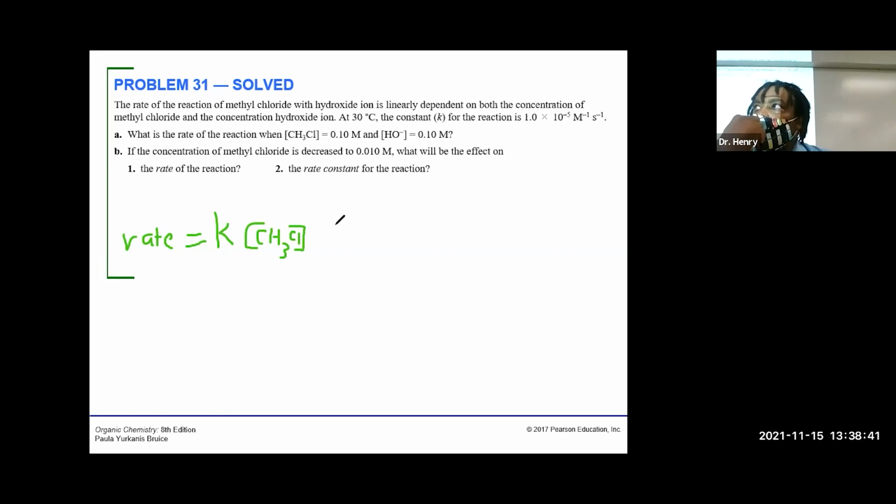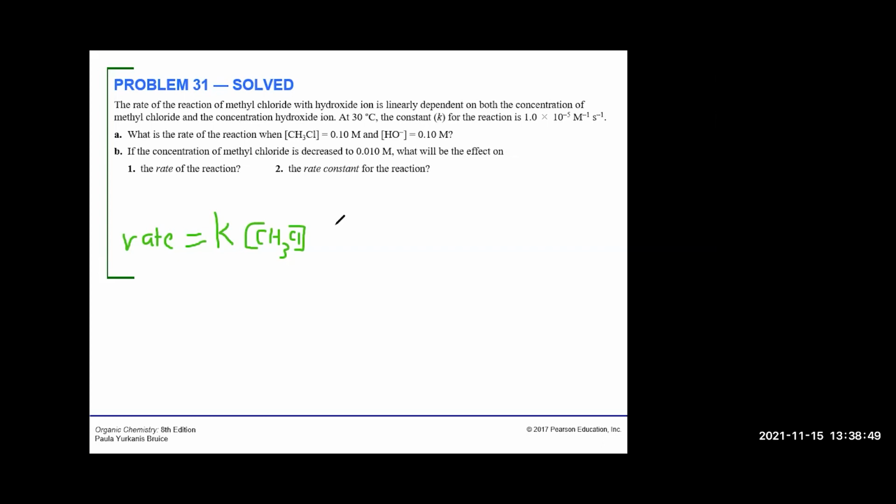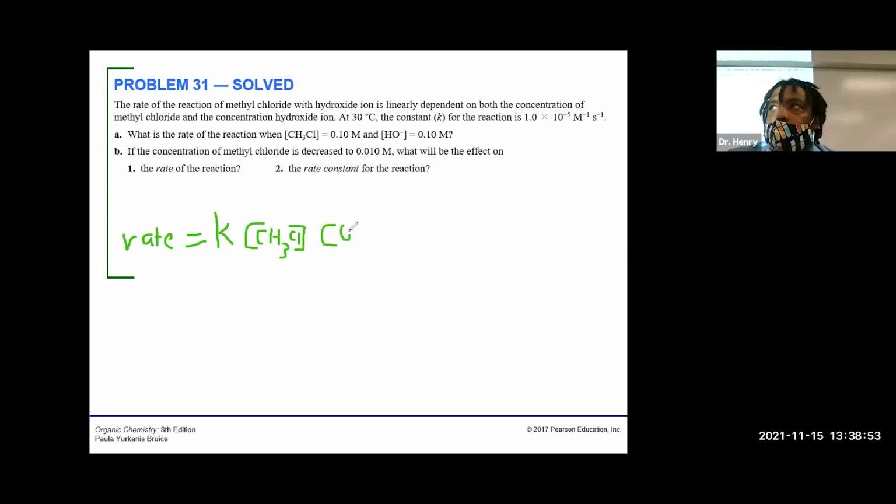And what else? Because they tell us it's linearly dependent. What does that mean? Wouldn't you have to multiply by the hydroxide ion? That's right, because it's linearly dependent on both of them.